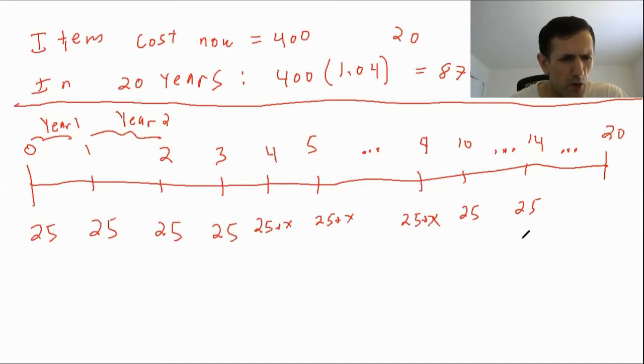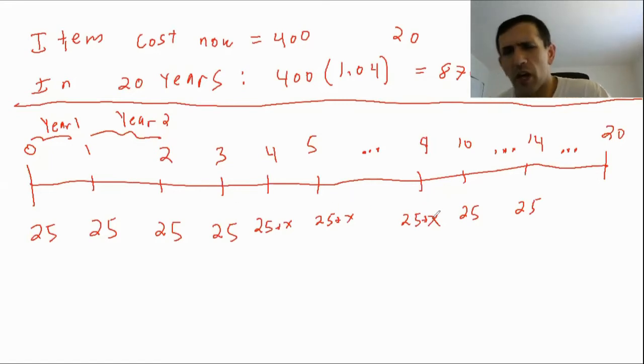Okay, so actually, what I'm going to do is break this up into 2 annuities. Let's break this up into the 25s, and then we'll break up the X's as its own annuity. Remember when we did annuity immediate problems, that's how we handled multiple payments.